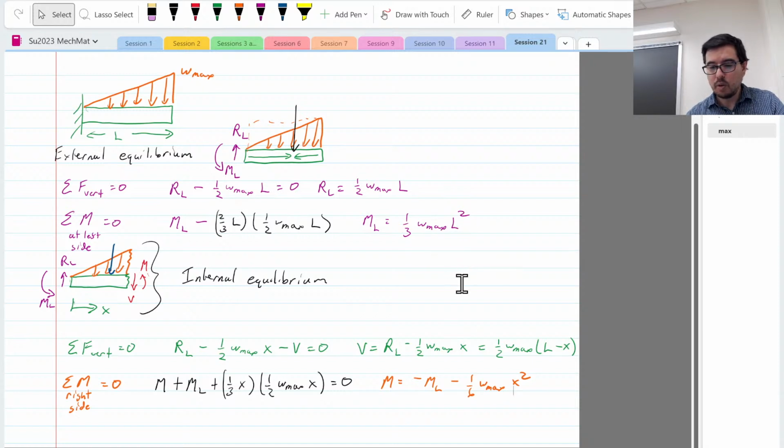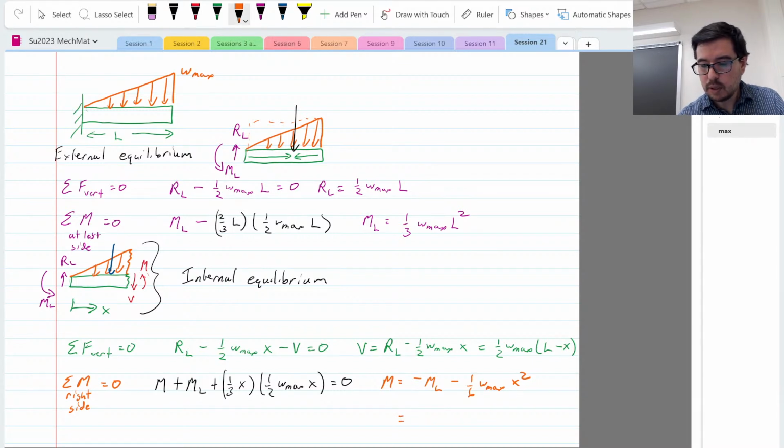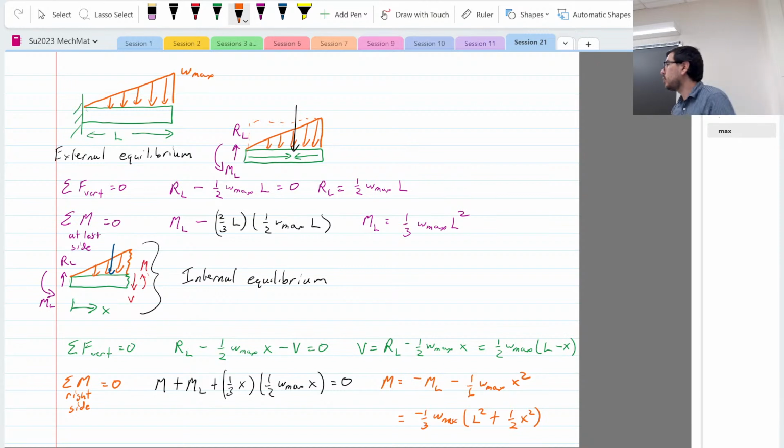So we can write this a couple of different ways, but one way to write it would be as follows: minus 1/3 W max L squared plus 1/2 X squared. Did I do the math right? Any issues?